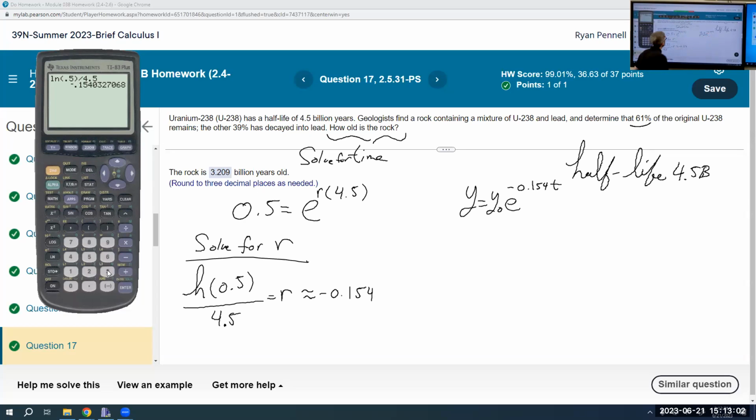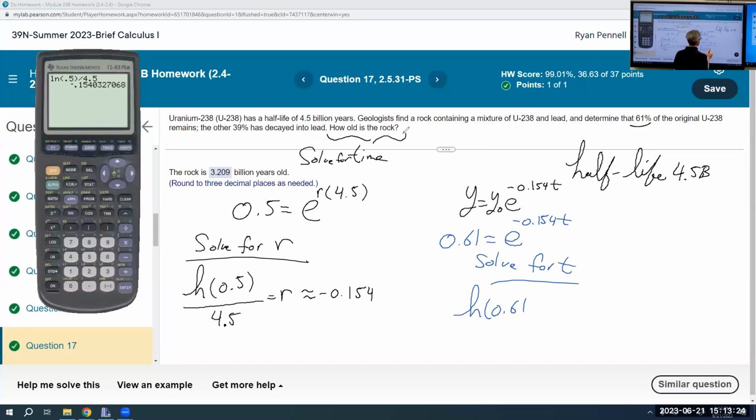They want 61% to be there. 0.61 equals e to the rt. Solve for this t. What's that going to be? The natural logarithm of 0.61, that's 61%, divided by my rate, equals t.